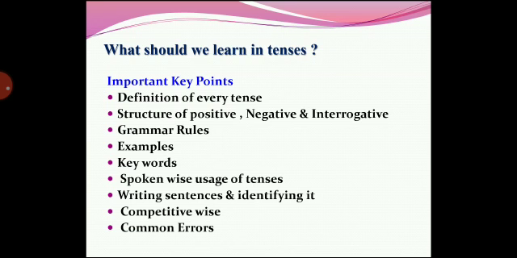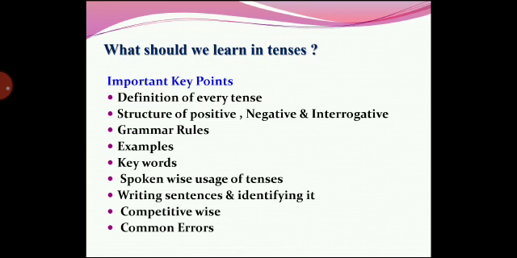Next, the structure of each and every tense. For example, I take only the simple present tense to explain in all the ways, so it is easy for you. What is the structure of positive, negative, and interrogative? You should know. It helps when you look at a particular sentence, you can justify based on structure that it belongs to the simple present tense, and say whether it is positive, negative, or interrogative.